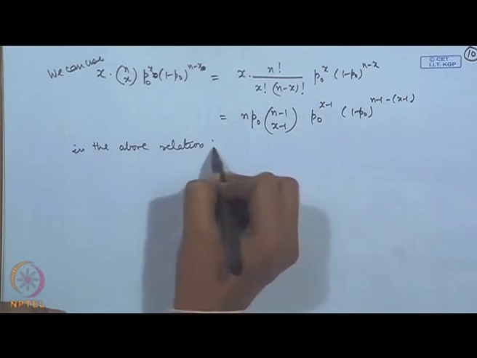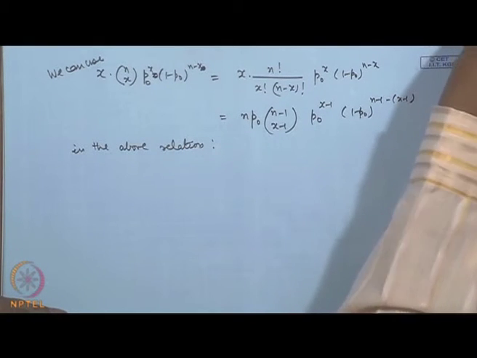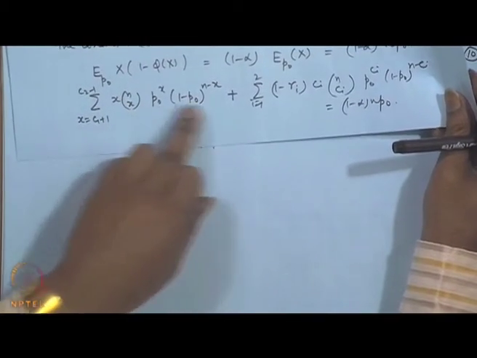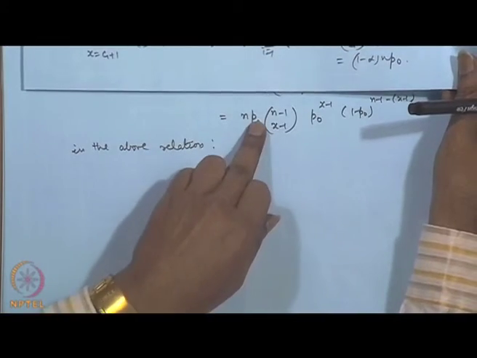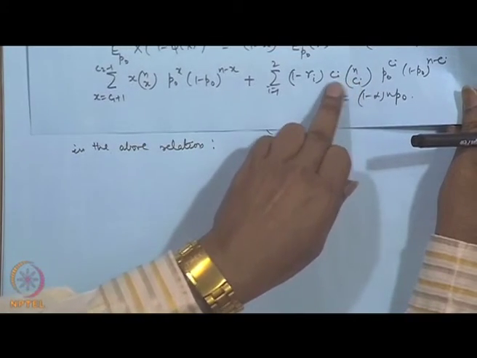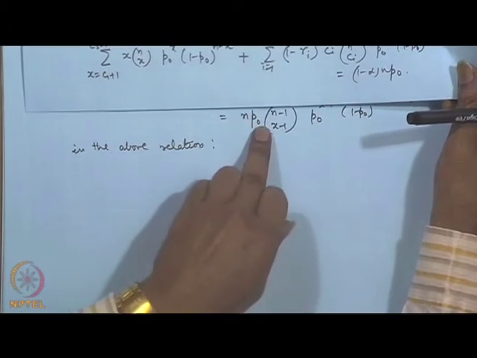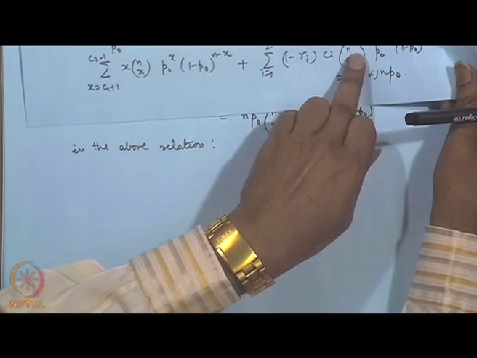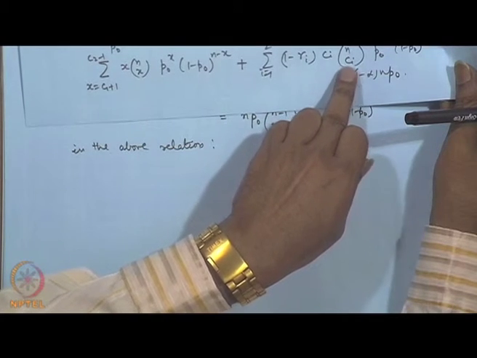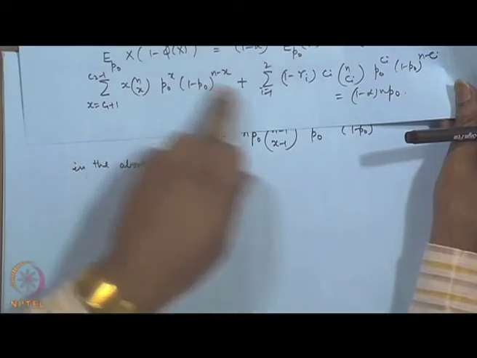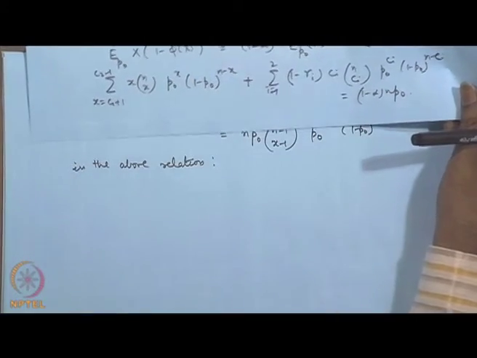in the above relation. So, here we have n c x into this term, so n p naught will come out. In the second term, it is c I into n c I, and again here we can use this thing, n p naught can be written outside, and this will become n minus 1 c I minus 1, and this will become minus 1 here, and n p naught will get cancelled out.